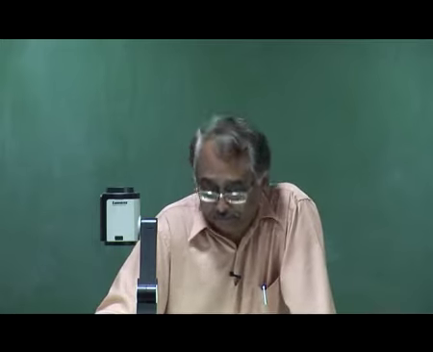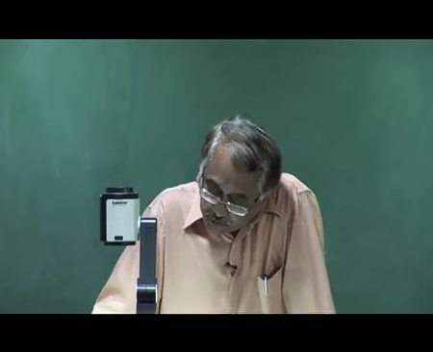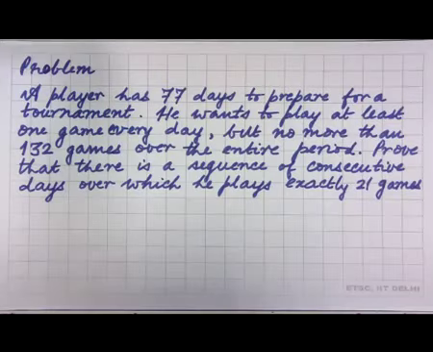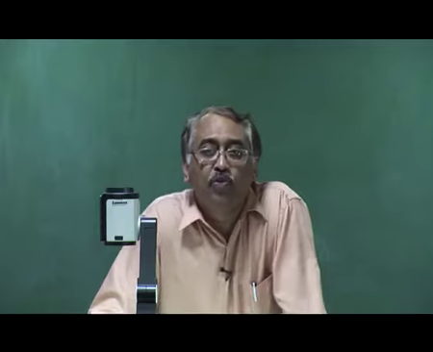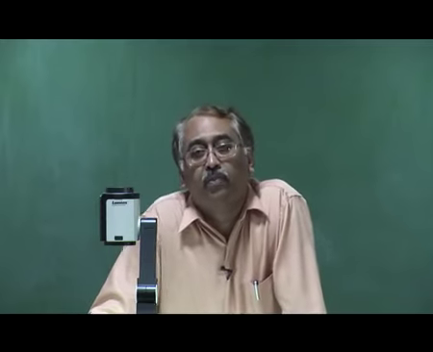No more than. What you have to prove is that there is a consecutive sequence of days, for example, from day 13 to day 25, over which he plays exactly 21 games.